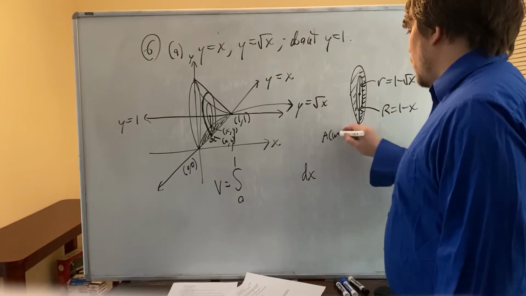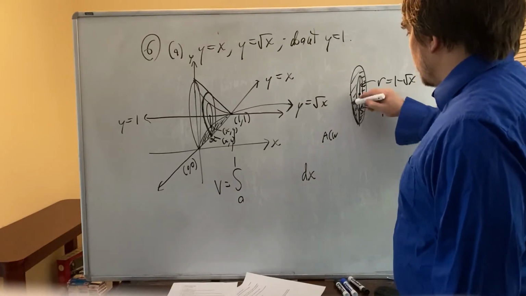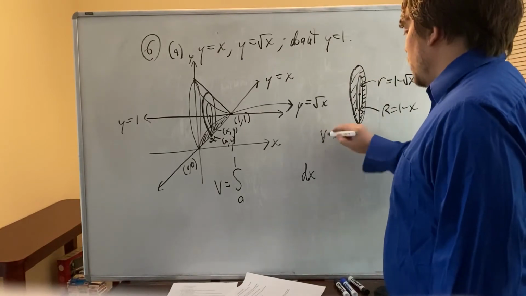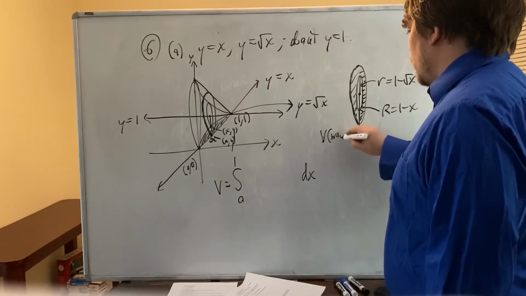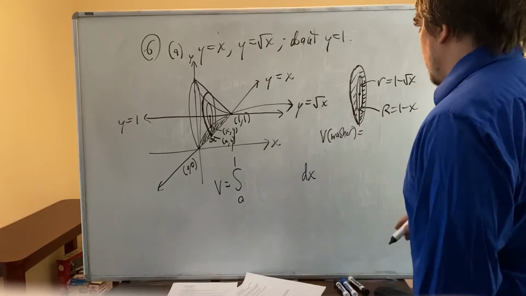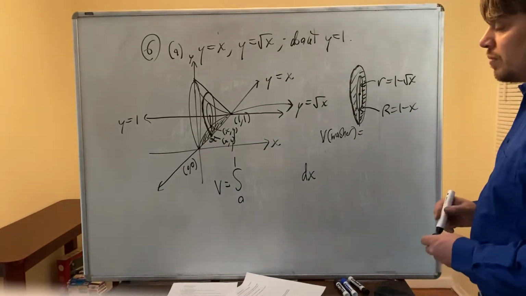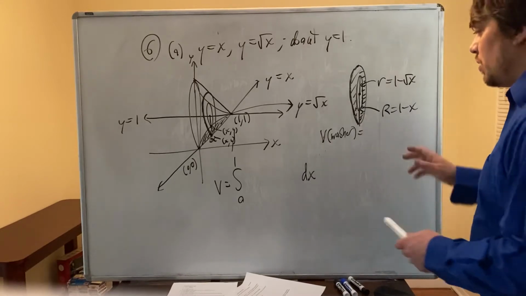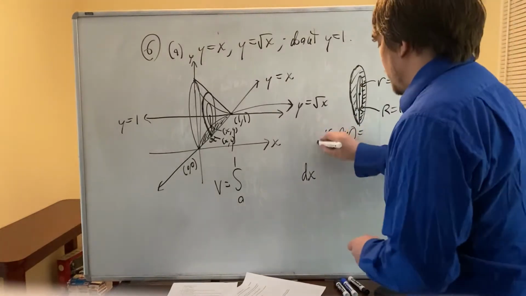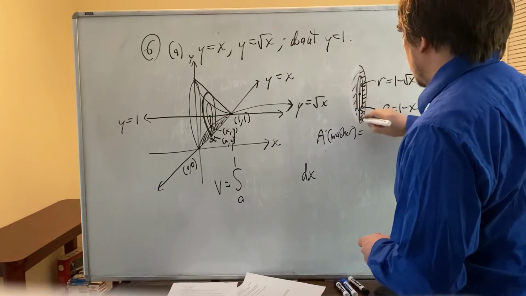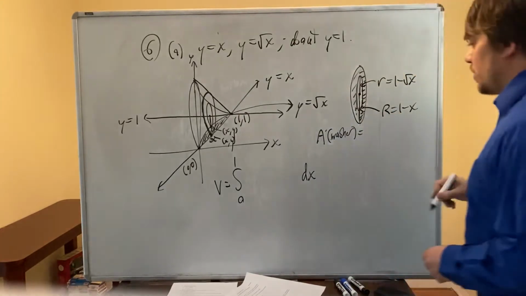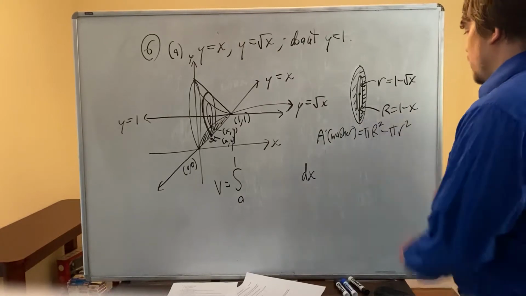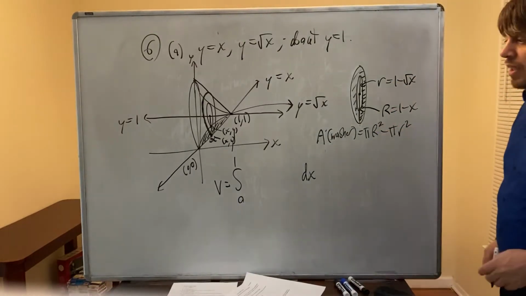The volume of the washer has a little bit of thickness there. Okay, so forget the thickness. Now here's our washer. The area of the washer is pi times capital R squared minus pi times little r squared. So you just plug in capital R and little r into there.